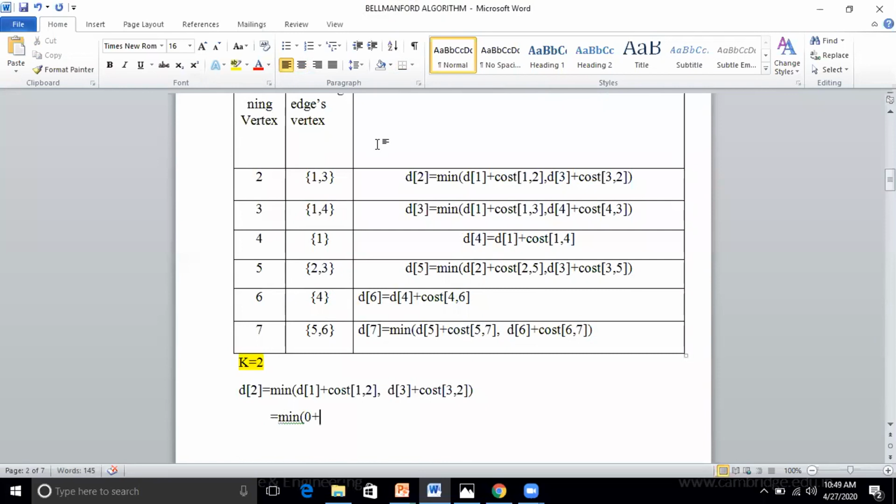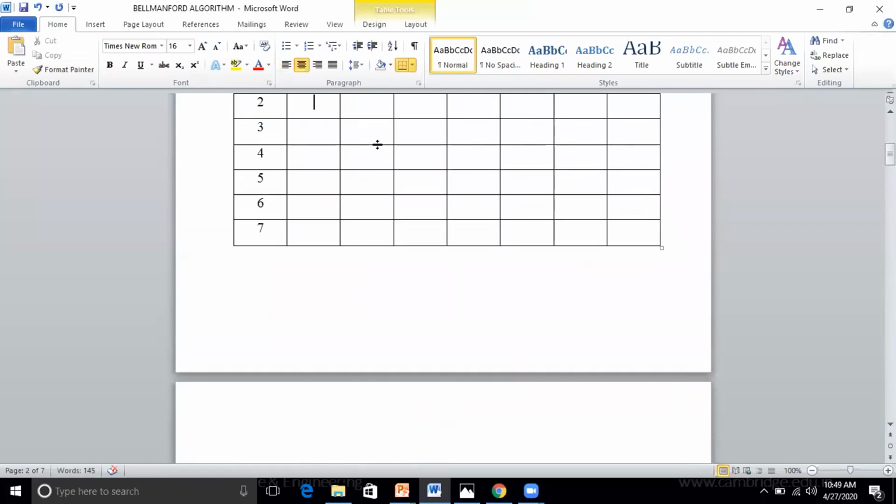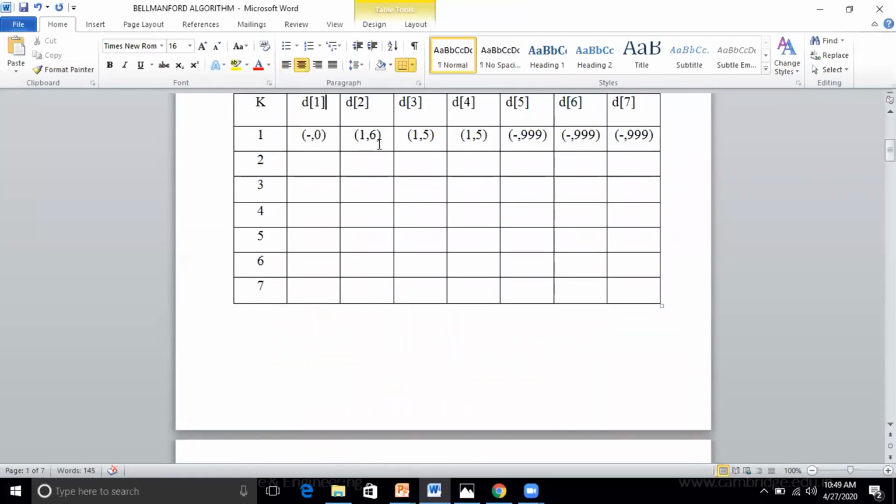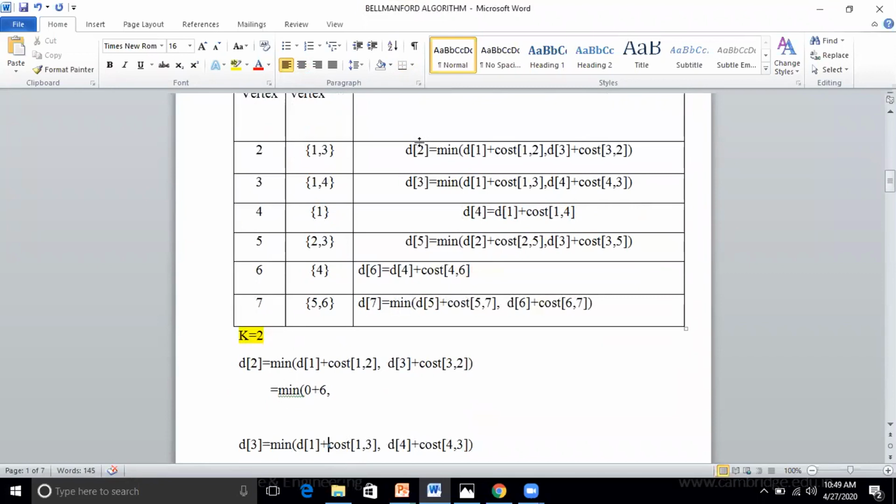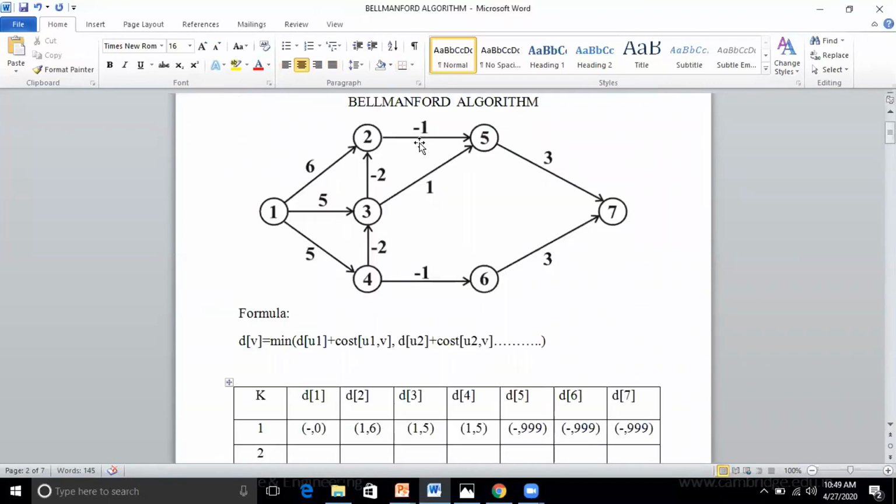6, comma. What is d of 3? It is 1 comma 5, value is 5. 5 plus, what is the edge cost from 3 to 2? Minus 2.